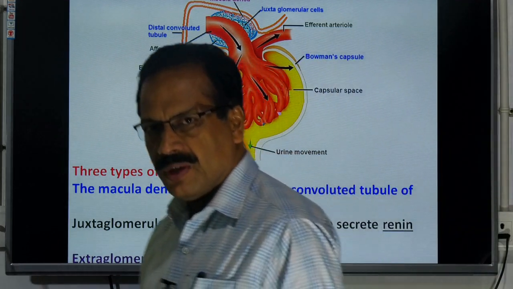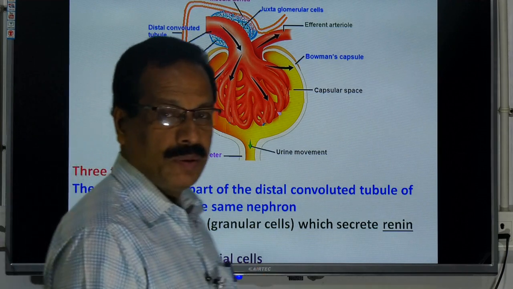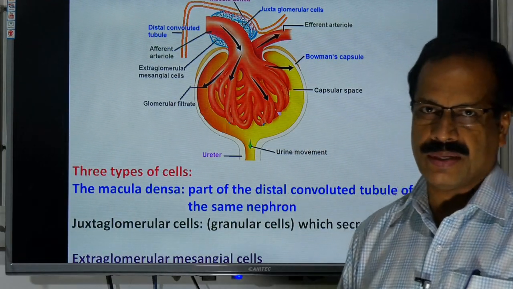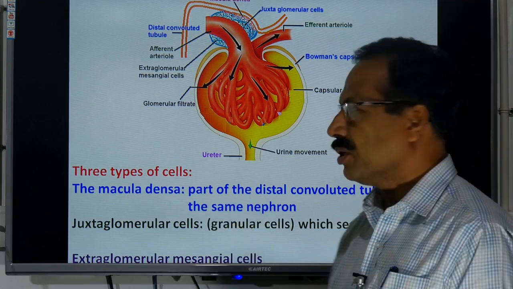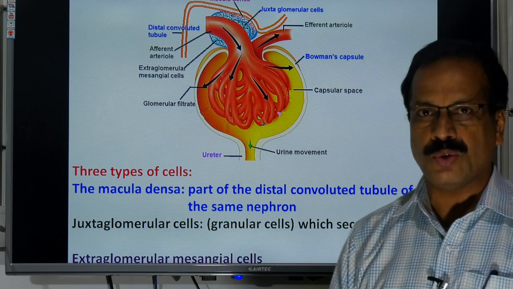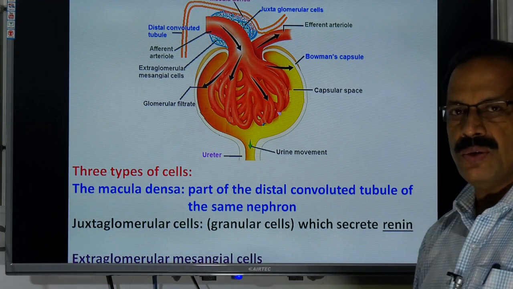So this distal convoluted tubule starts from the macula densa. You might be remembering the structure of the juxtaglomerular apparatus, which was discussed in a previous lecture. The juxtaglomerular apparatus is contributed by the afferent arteriole as well as the distal convoluted tubule.